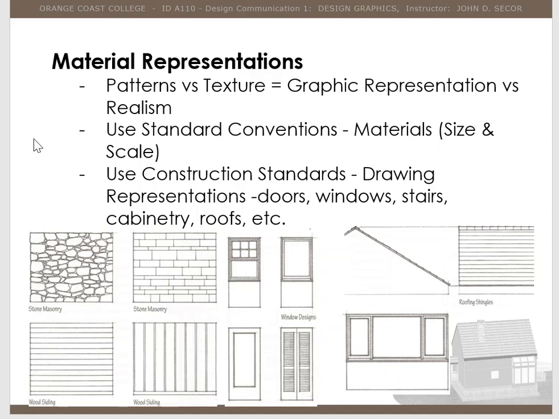Now, this is the fun part that's different from what we talked about last week. It's a little more intricate, and it uses material representation to make your exterior elevations come alive. We did those hatch exercises for a reason. For our project this week on exterior elevations, I will require you to use either a stone, a stacked stone, or a brick pattern on the face of your house to make it more interesting.